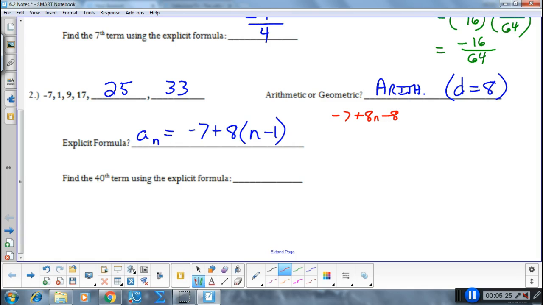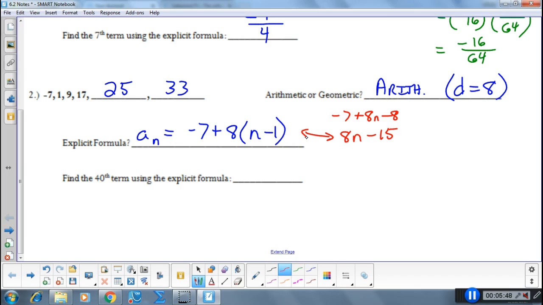So we could have also said 8n minus 15 there as my explicit formula. Okay, because both of those are the same. That's fine too. Okay, just distribute in the d and make that all nice and pretty.